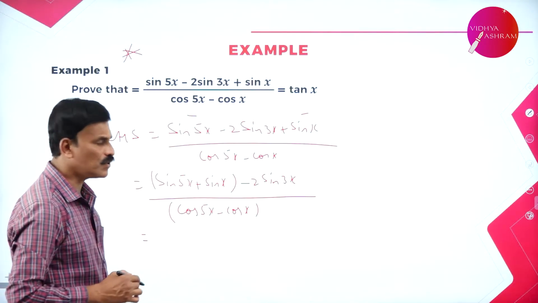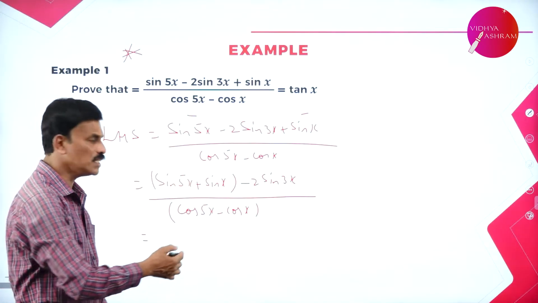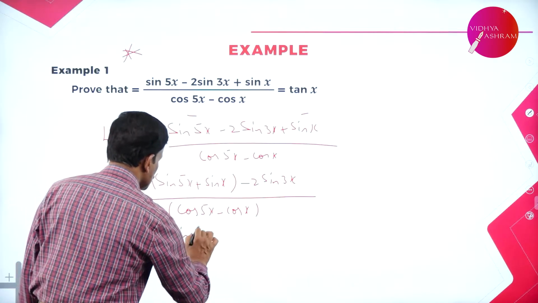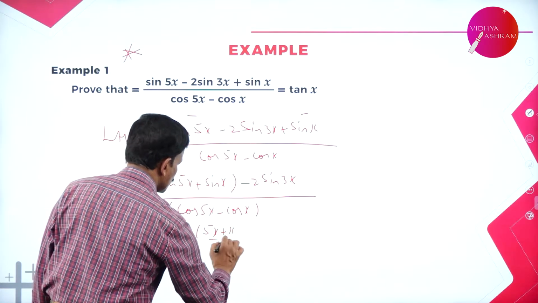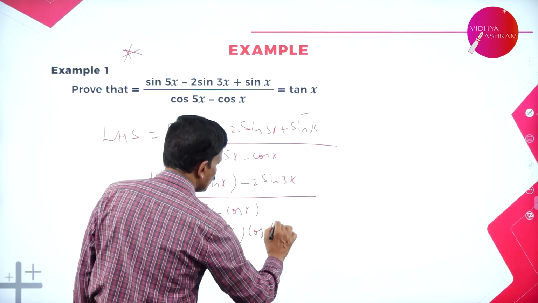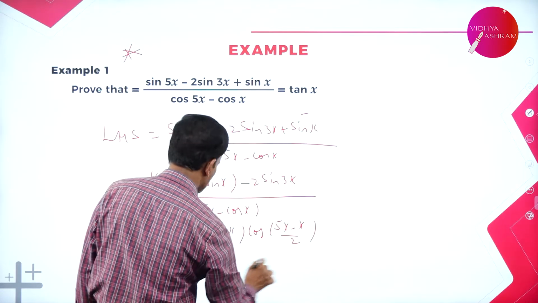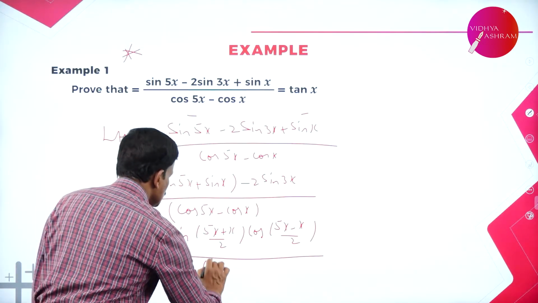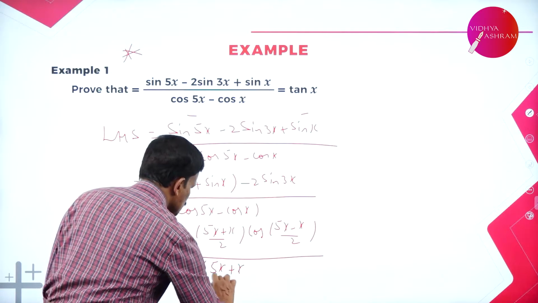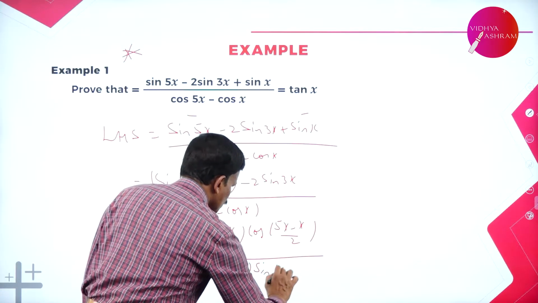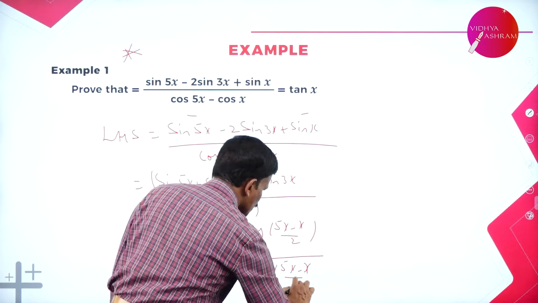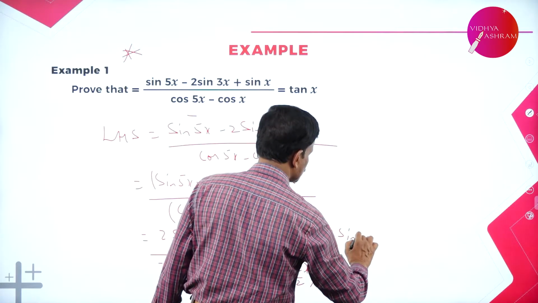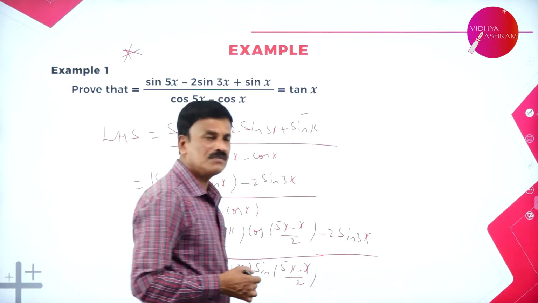Now, you can apply the formula: in the numerator sin C plus sin D, in the denominator cos C minus cos D. So this is 2 sin((5x plus x)/2) into cos((5x minus x)/2), whole divided by minus 2 sin((5x plus x)/2) into sin((5x minus x)/2), whereas in the numerator we have minus 2 sin 3x as it is, and the common factor gets cancelled.